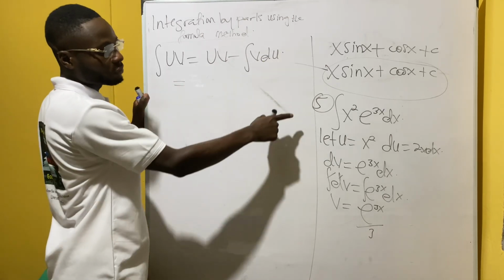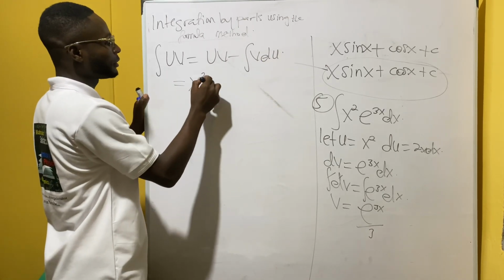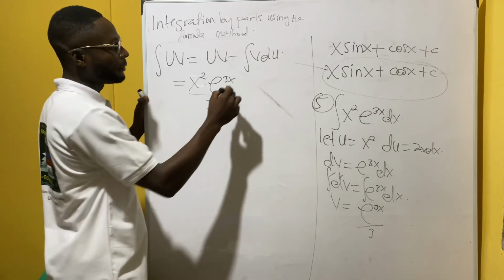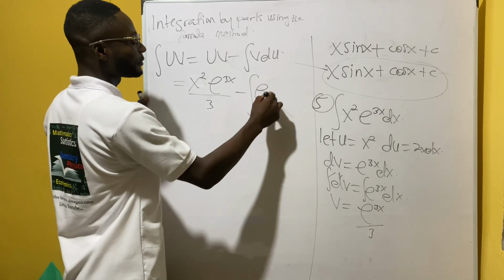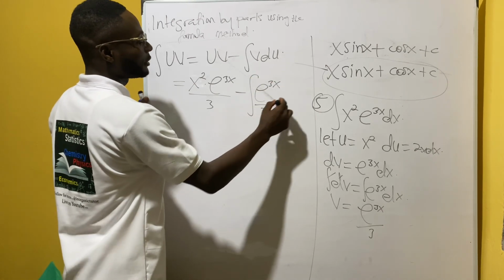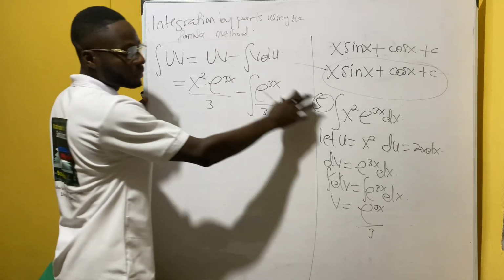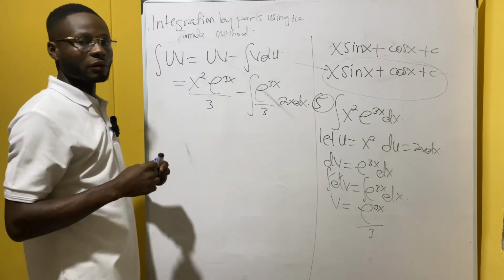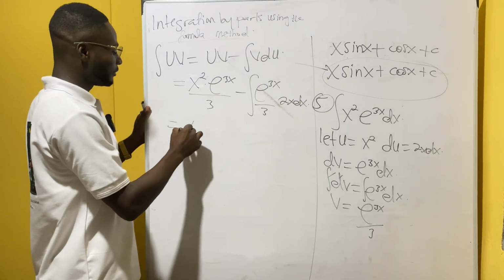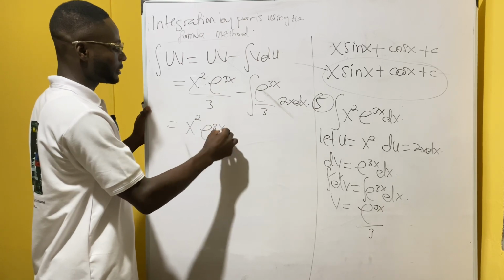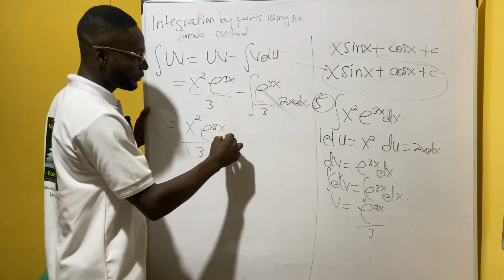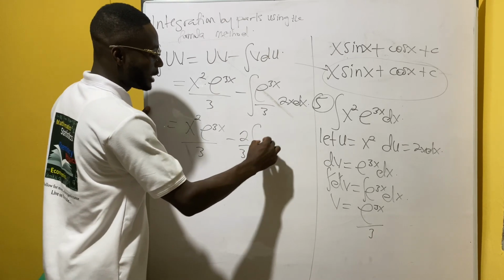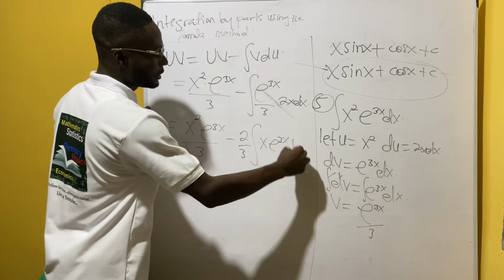Here we have our u to be x squared, and our v is e power 3x all on 3, minus the integral of our v times our du as 2x dx. So we have x squared e power 3x all on 3 minus 2 on 3 integral of x e power 3x dx.